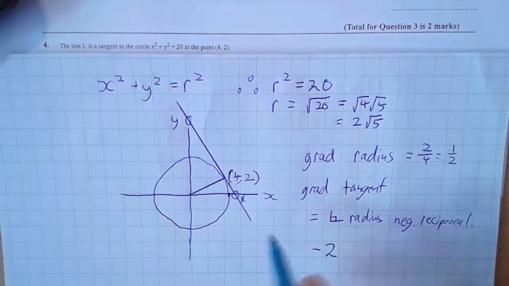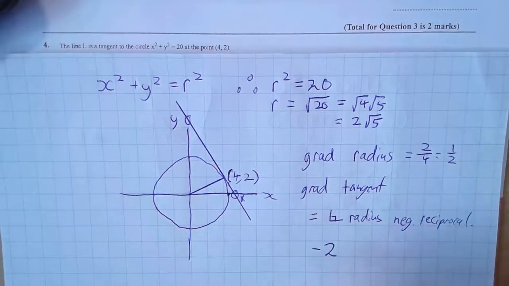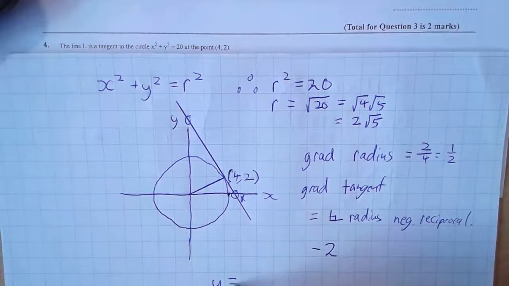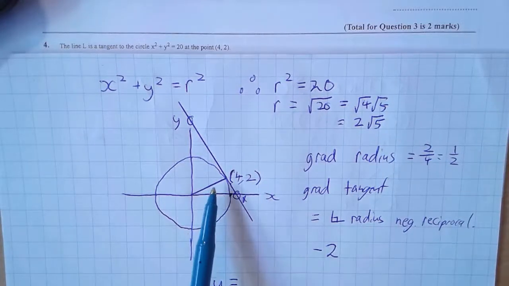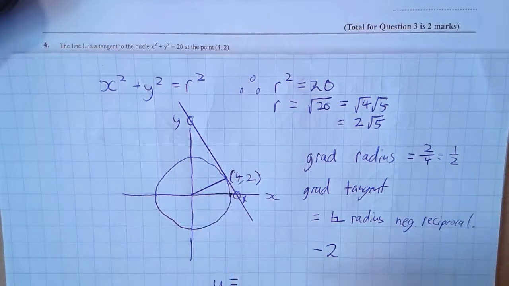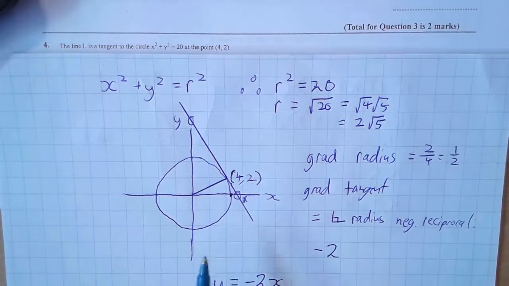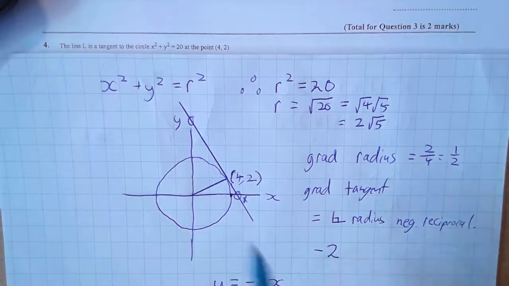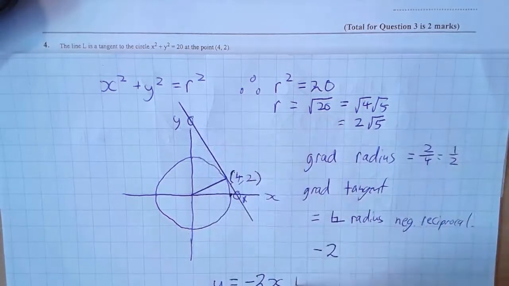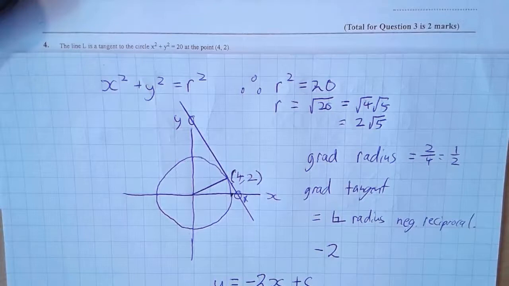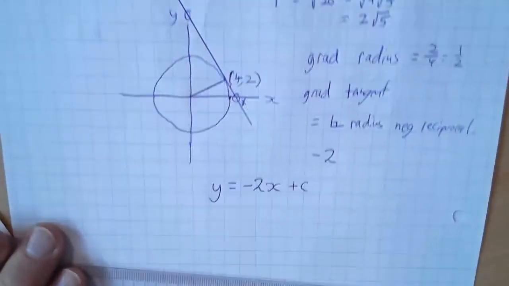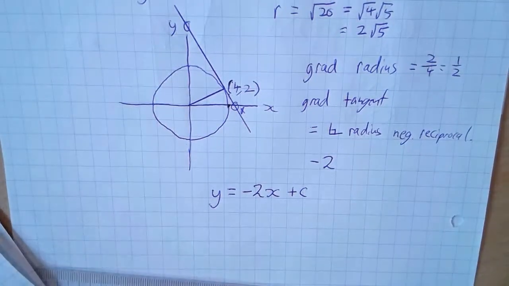So it's got a gradient of -2, and I've got a point. So I'm going to write out my equation. y equals -2x plus c. This is the way I would do it.